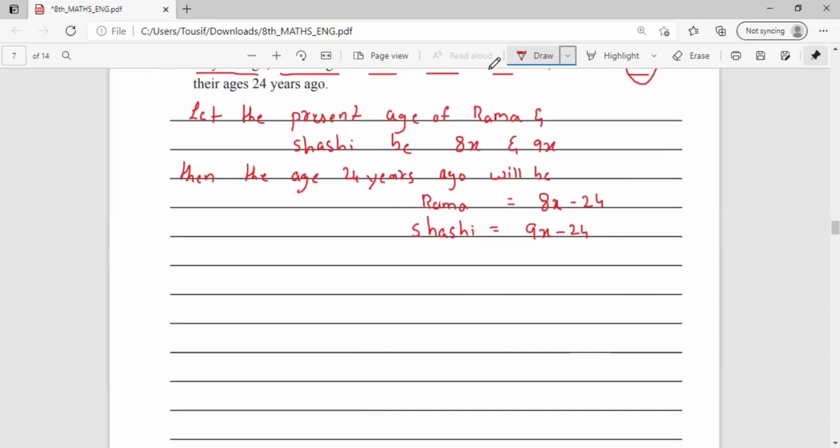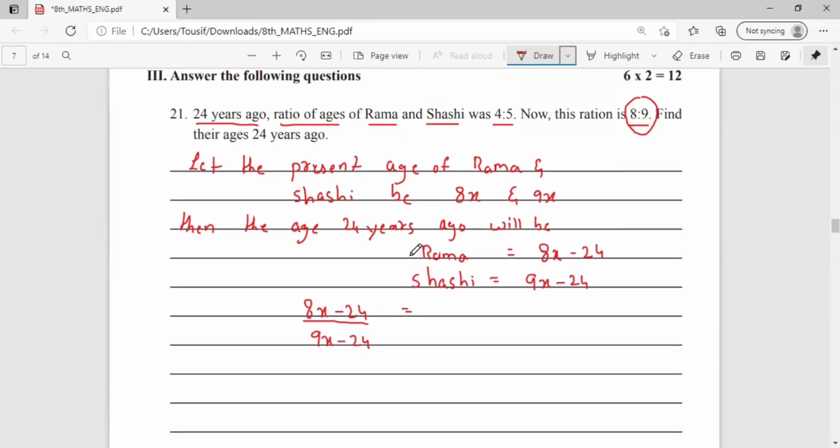Let us write it in the form of a fraction, as the ages were represented as a ratio, and ratios can be written as a fraction. That is (8x minus 24) divided by (9x minus 24). The ratio 24 years ago was 4:5, so we write 4 by 5.